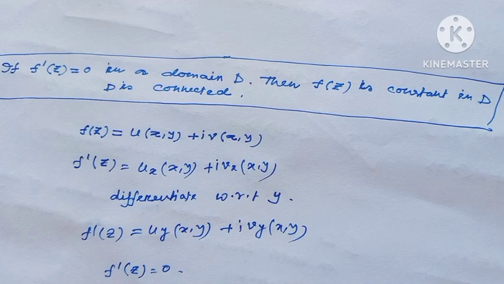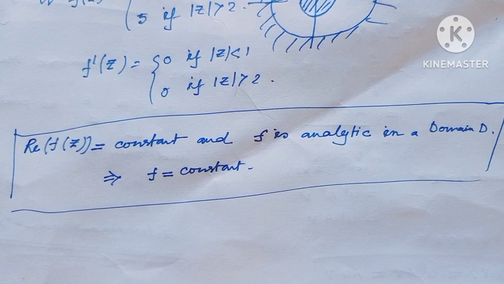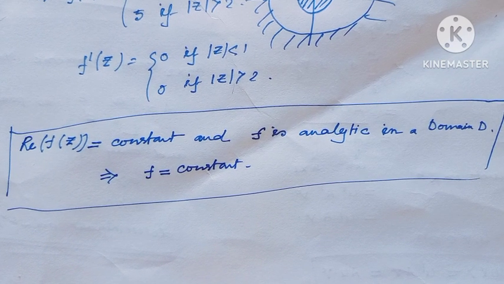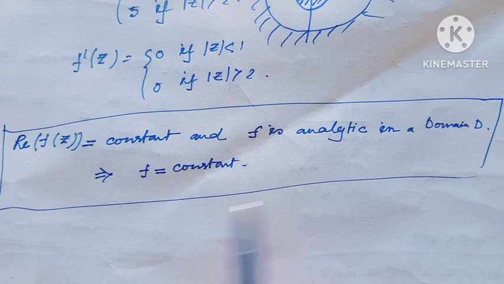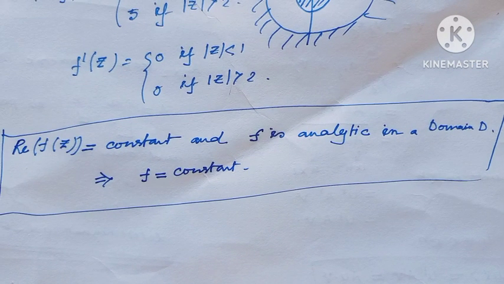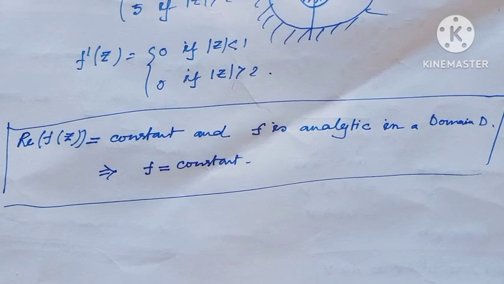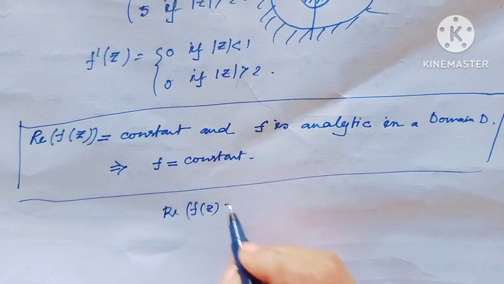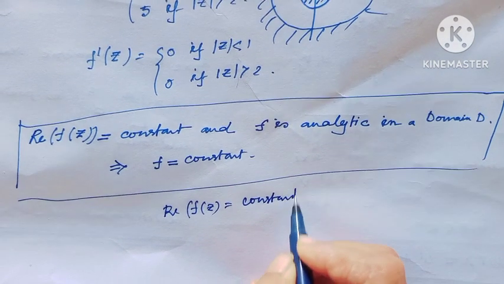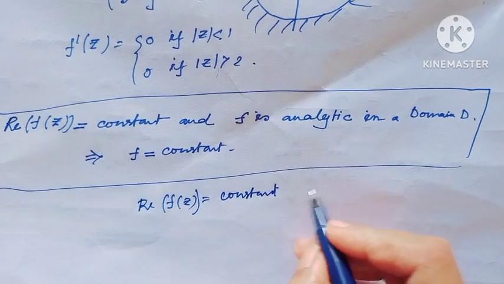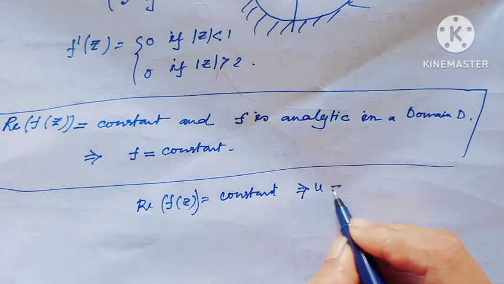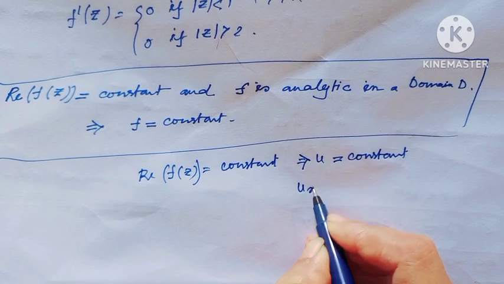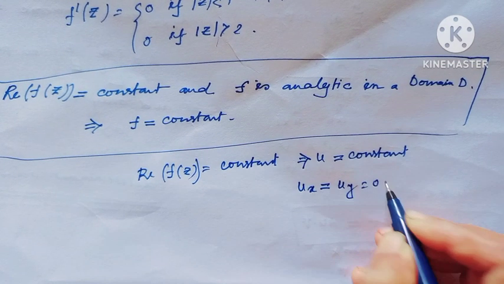Okay? Next exercise. If the real part of f(z) is constant and f is analytic in a domain D, then f is constant. This is also a very easy type of exercise. Here real f(z) equal to constant, which implies u equal to constant, and u equal to constant means u_x equal to u_y equal to 0.